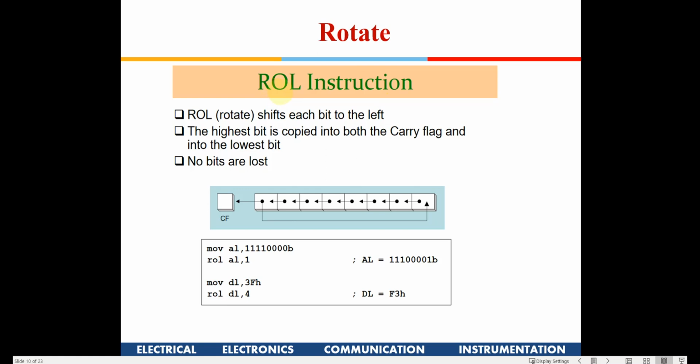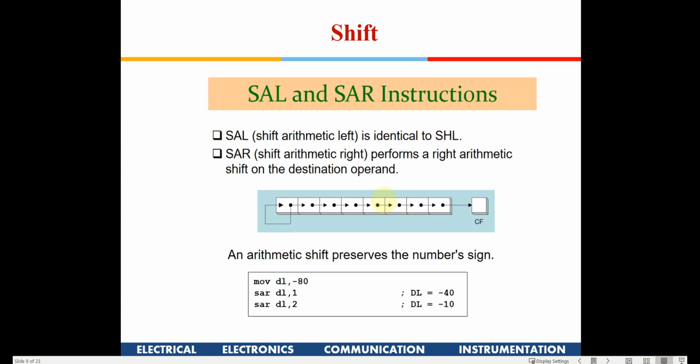Now after shift, we have something known as rotate instruction. Okay, so in rotate, now here let me tell you something. In the shift arithmetic left operation, this data will not be preserved. Okay, a 0 will always be pushed in here, right?